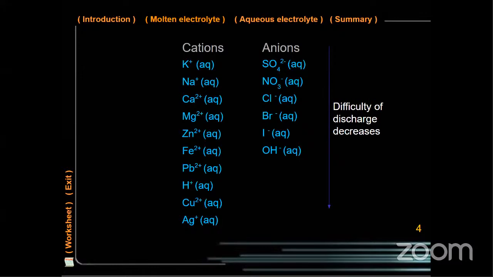The electrochemical series is a listing of ions in order of how easily they become discharged at an electrode. The ones at the top are the most difficult to discharge, and the ones at the bottom are the easiest. So potassium ions are difficult to discharge; potassium wants to remain in the ionic form, it doesn't want to become atoms.